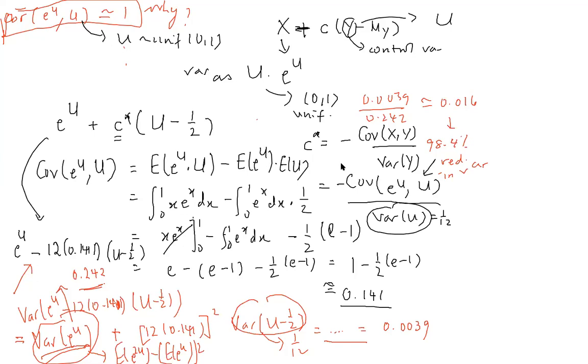Maybe the area of exponent and uniform is the same? What do you mean by the area being the same? Uniform values run from 0 to 1. Power of u will run from 1 to 2.71 something.